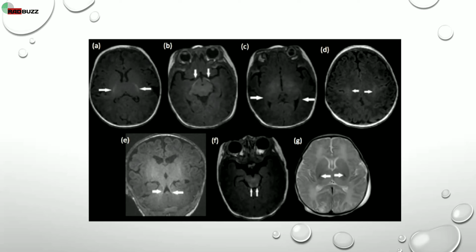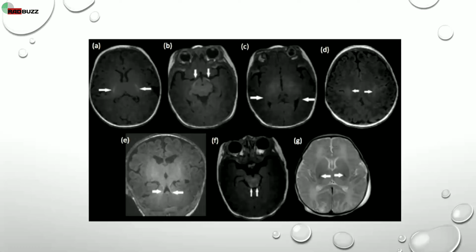And whenever myelination occurs, that area will start appearing whiter. So you got my point. The fat is white. Whenever there's no fat or no myelin, there is black signal. Whenever there is myelin, things will start appearing white.